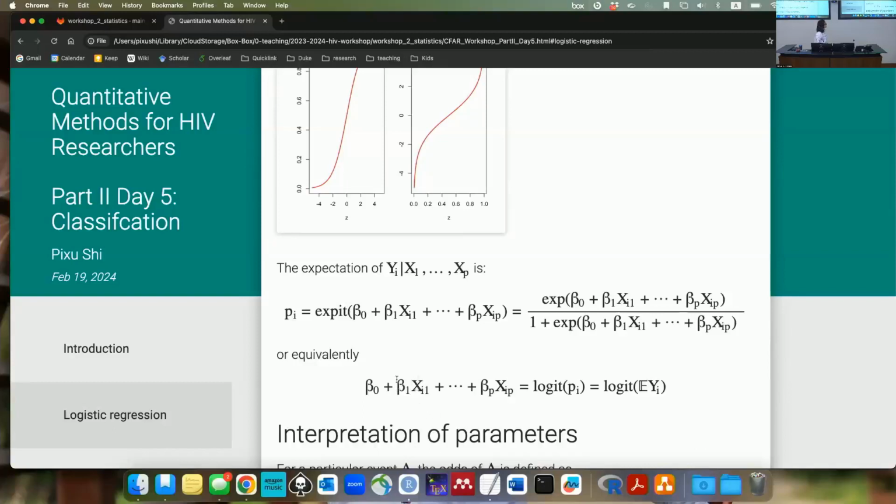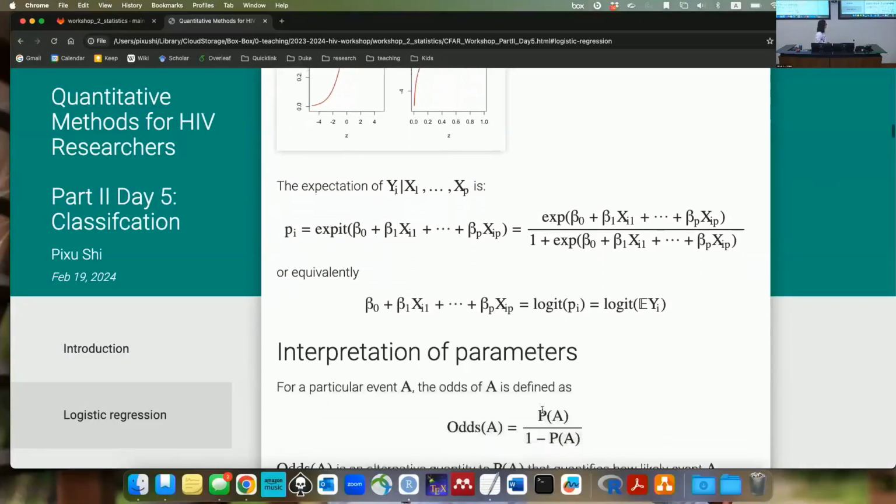So suppose this is the parameter for age. One patient is 1 year older, then that means that this whole thing for the older patient is going to be beta 1 extra. And that is reflected in the P.